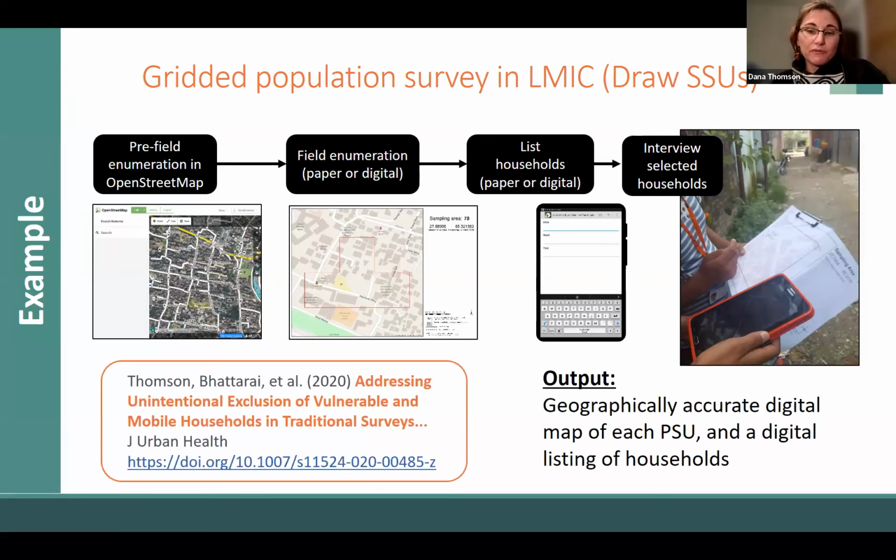And here's an example from a survey that was done in Nepal a few years ago, where we were really evaluating the accuracy and feasibility of gridded population surveys in Kathmandu, Nepal. We found it extremely useful. It performed as good, if not better, than a typical household survey. And we used these tools, OpenStreetMap. We had printed paper maps.